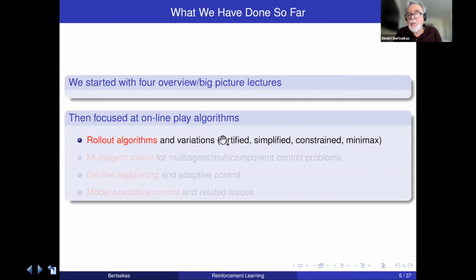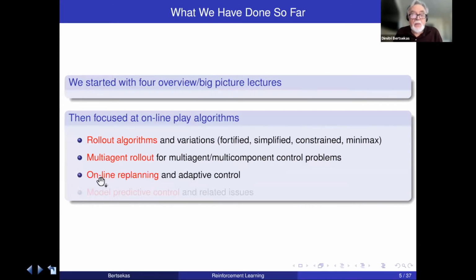Now, for deterministic problems, and for some stochastic problems, there are several variations. Fortified rollout to ensure cost improvement, simplified minimization, for constraint problems, for minimax problems. And one particular type of simplified rollout is the multi-agent rollout algorithm that makes approximation in value space and look-ahead minimization possible for problems that involve controls with multiple components corresponding to different agents.